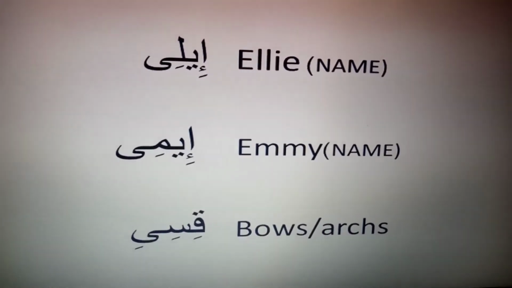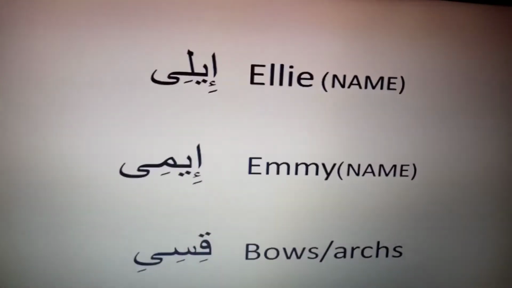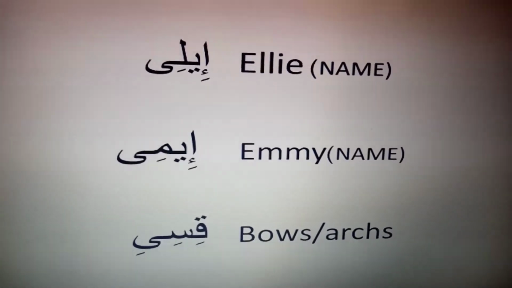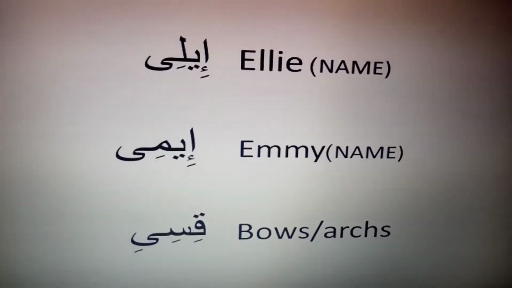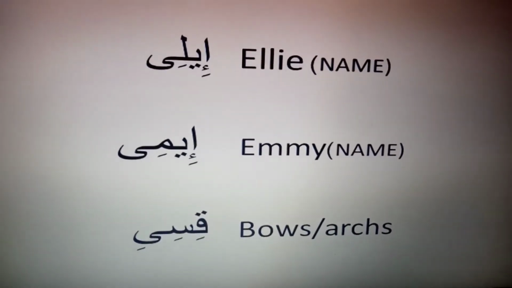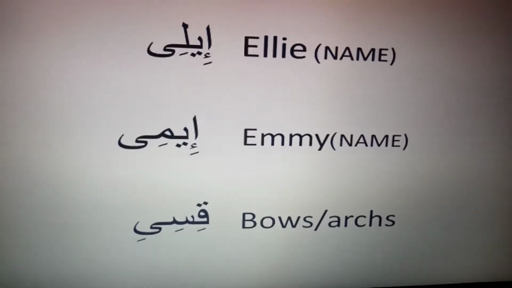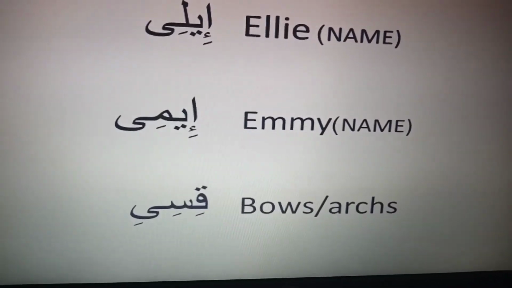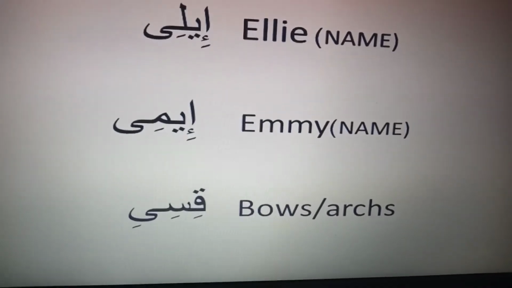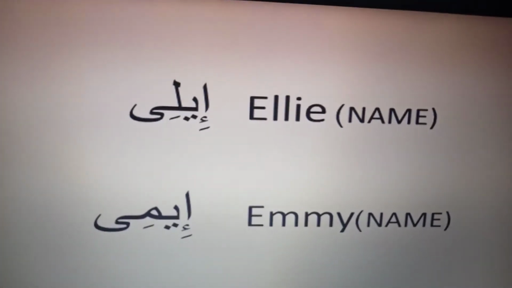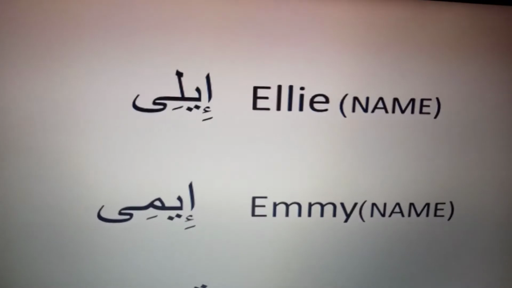These three examples are ili, which is the name of a man, imi, which is the name of a woman, and qisi, which means bows or arcs. Ili, imi, qisi.